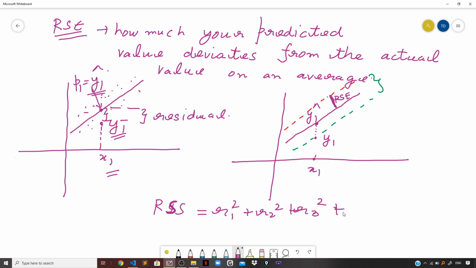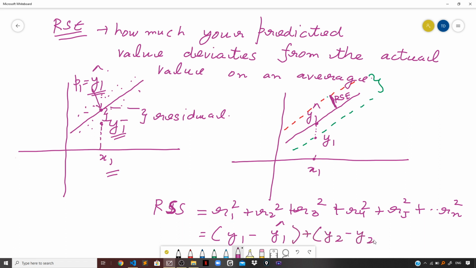R3 square, R4 square, R5 square, say up to Rn square, and we can write this as y1 minus y1 cap, where y1 is your real value and y1 cap is your predicted value, then y2 minus y2 cap whole square, and so on. We know that y is your real value and the cap on your y value is the predicted value.